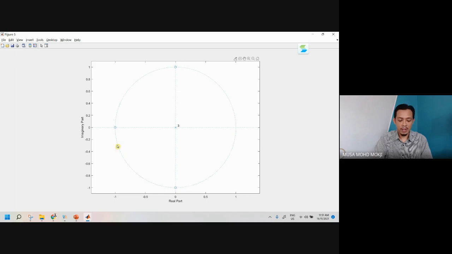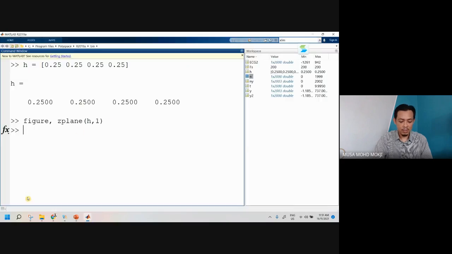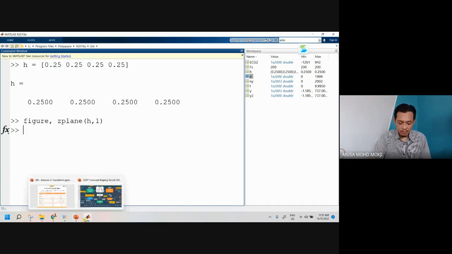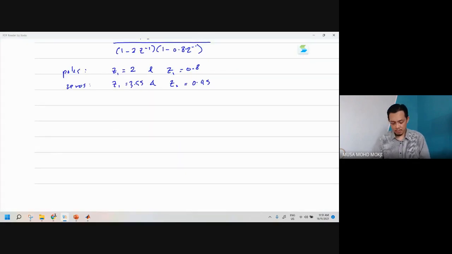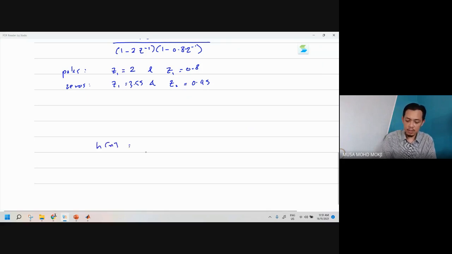So how do we get that? How do you get the poles and zeros? We have our h[n]. What is h[n]? h[n] is 0.25, 0.25, 0.25, 0.25.